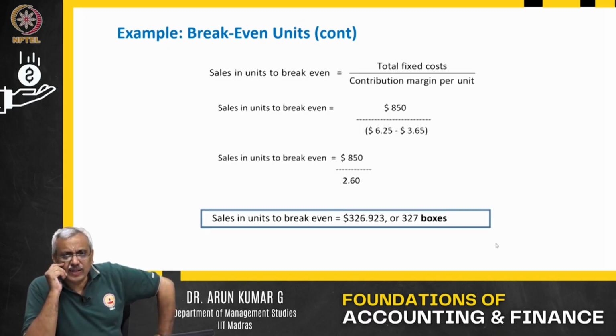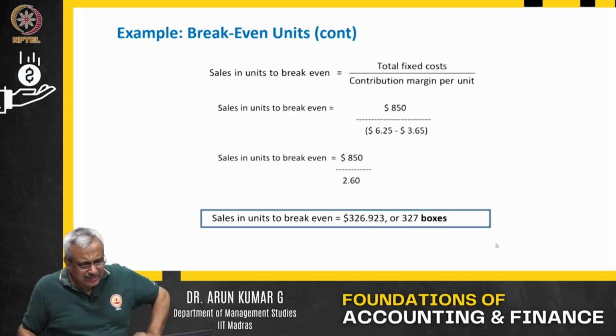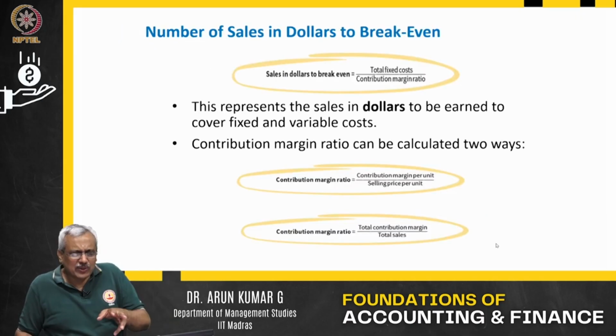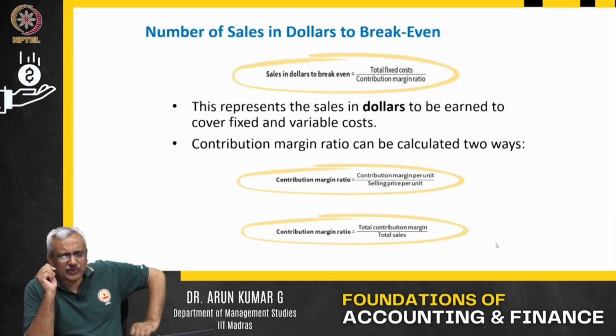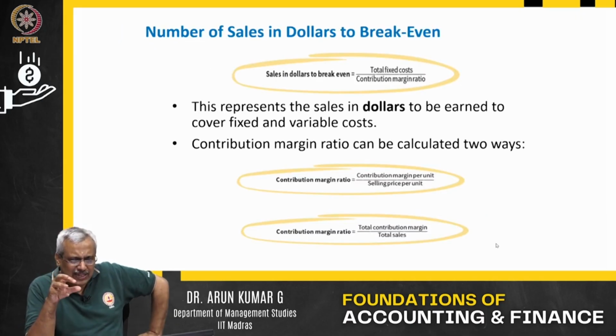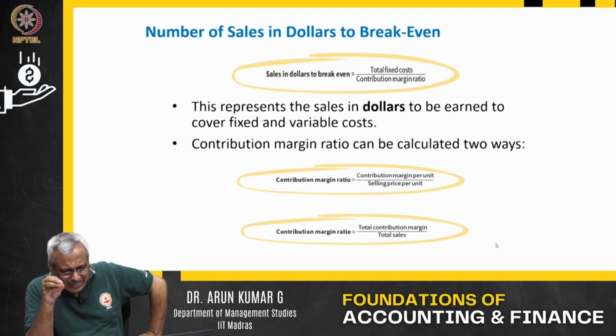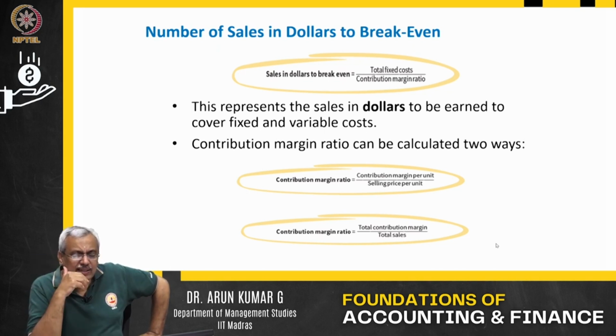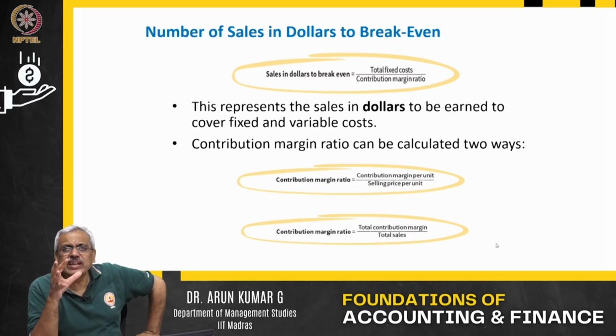To move on further, I have expressed this in the form of units. You can also express it in the form of dollars. In dollars, I have to look at the contribution margin ratio. What in cost accounting is called the PV ratio is a common term used in most textbooks.